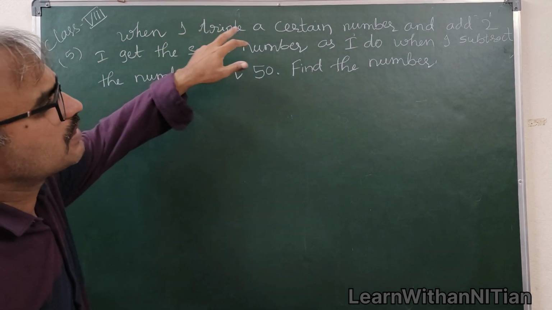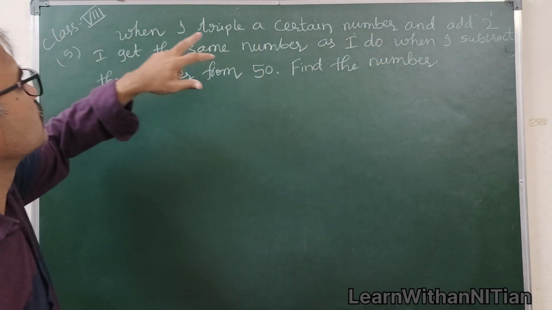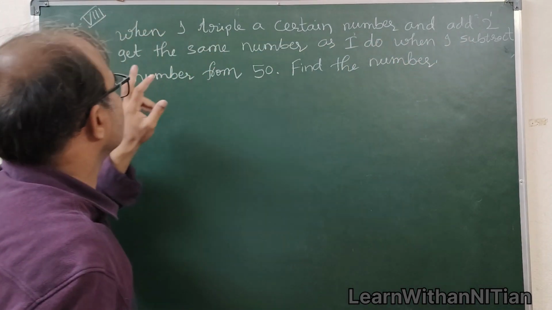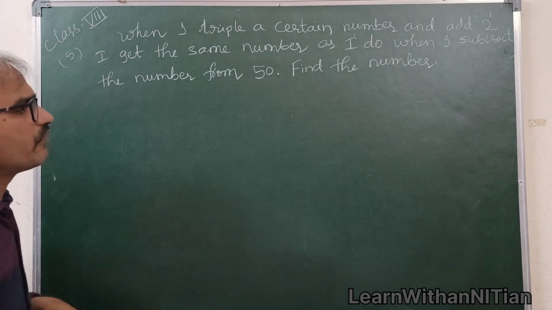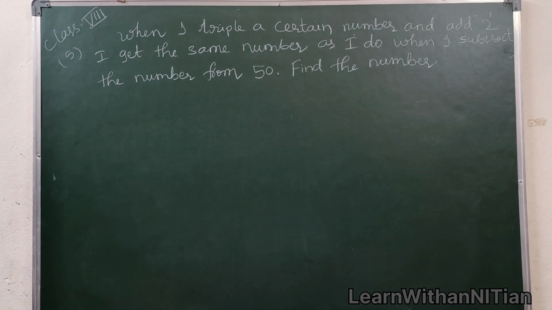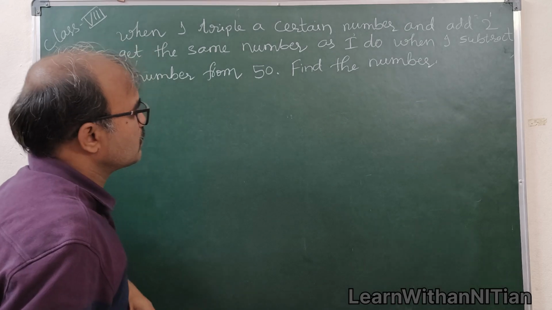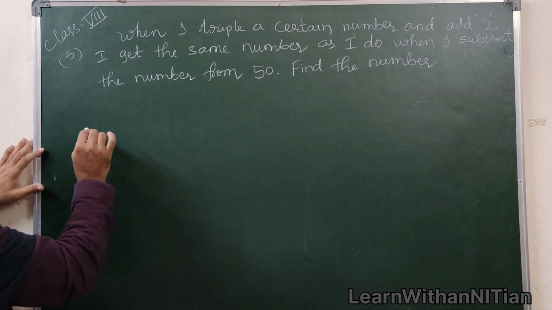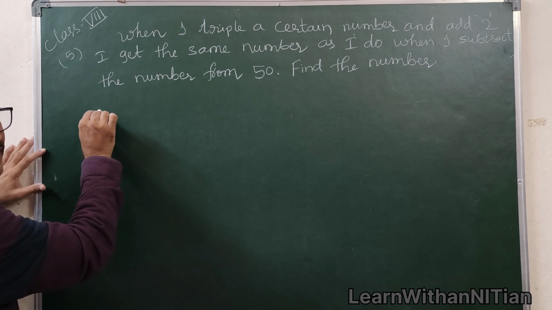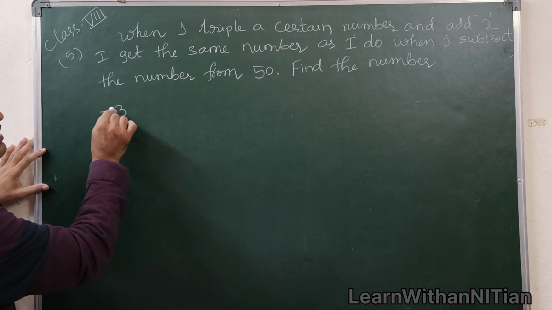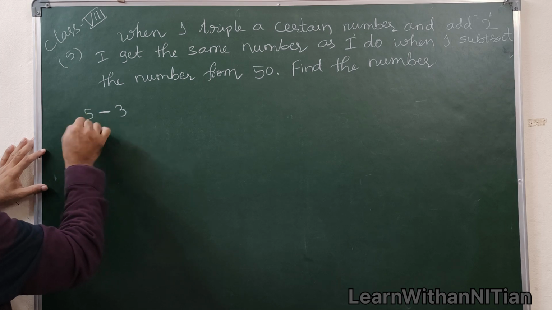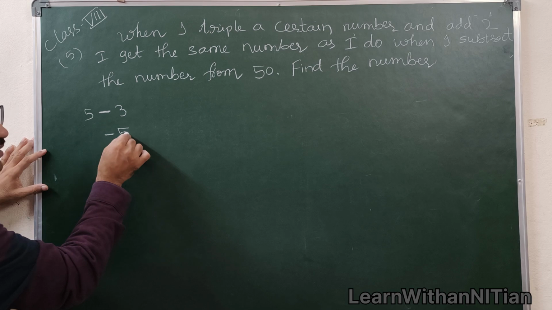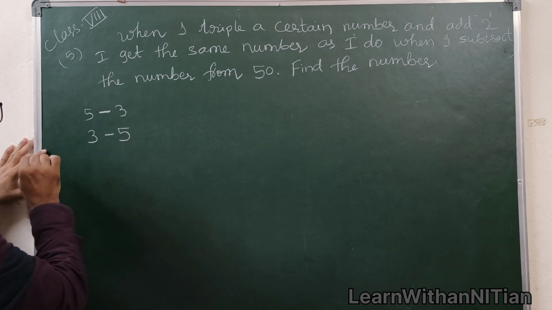When I triple a certain number and add 2, I get the same number as I do when I subtract the number from 50. Here is where students make mistakes: subtract 3 from 5 means remove 3 from 5, so write 5 minus 3.